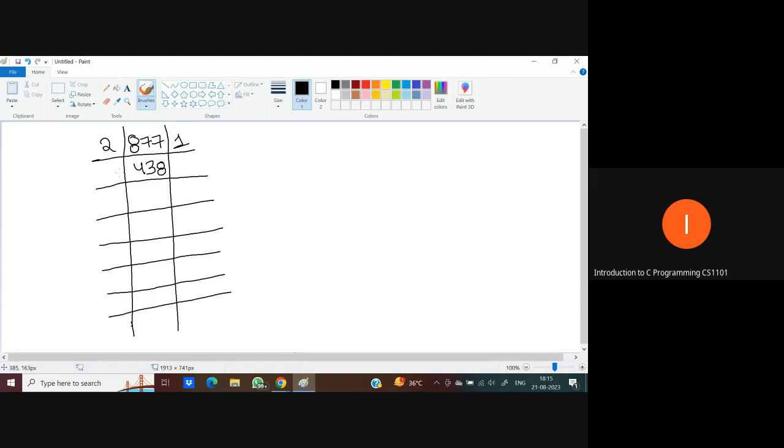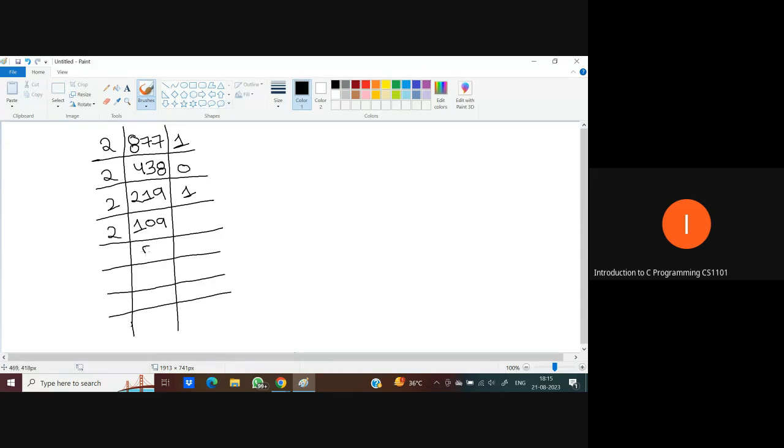438 is an even number, so we'll get 0 as the remainder. It is going to be 2, 1, and 9. So the remainder will be 0. Then we have 1, 0, and then we have 9. Then it is going to be 1 as the remainder. Then again 2.